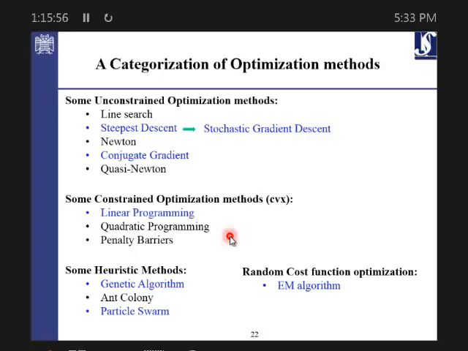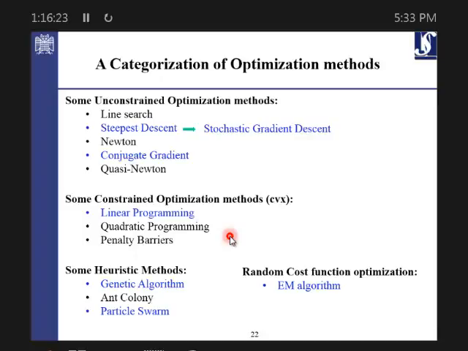And you have the method of penalty barriers. You have some other heuristic methods. These are really heuristic because they are taken from natural phenomena. People found them very useful, specifically when you have a global optimization problem, or if you have a plateau.